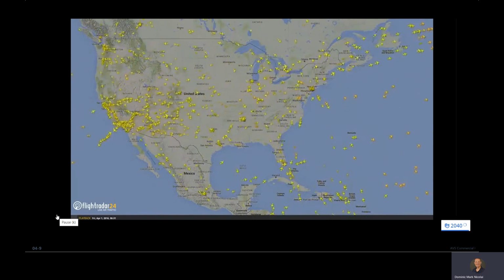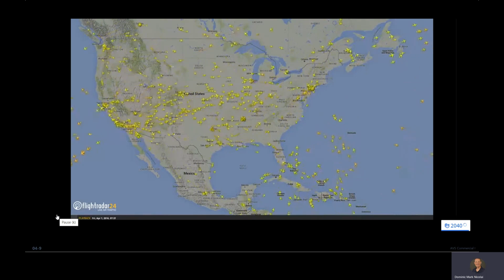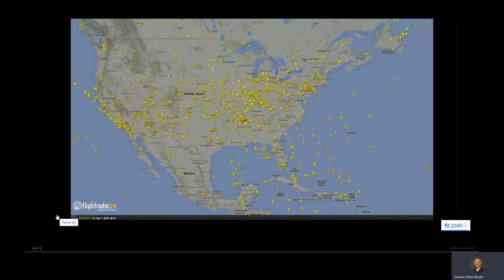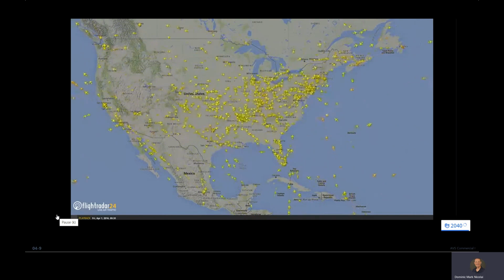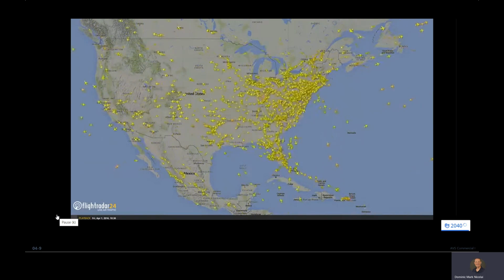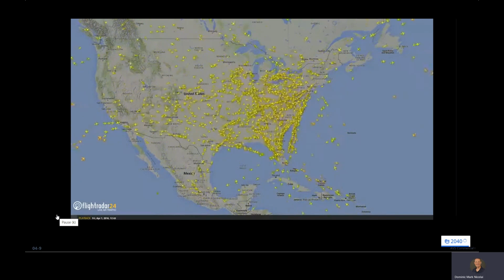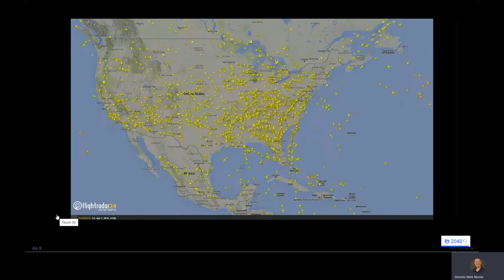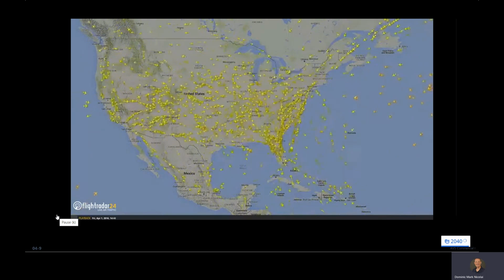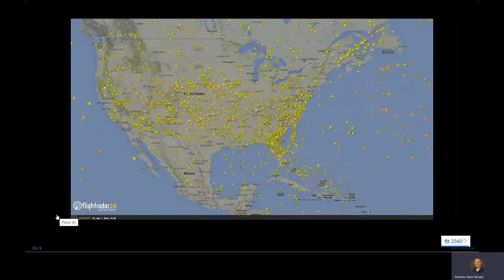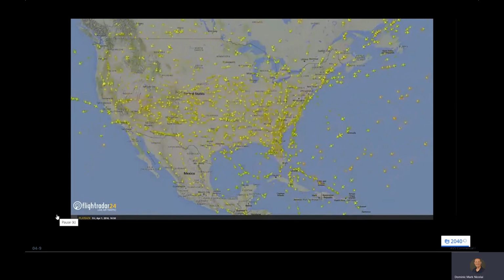Starting to get into the evening hours, and you see the East Coast dropping off. You see the red eyes from the West Coast making their way over. The cargo operators have just gone out, and now we're waking up in the morning again. Morning progressing towards the West Coast now, seeing the inbounds from Europe over Newfoundland.